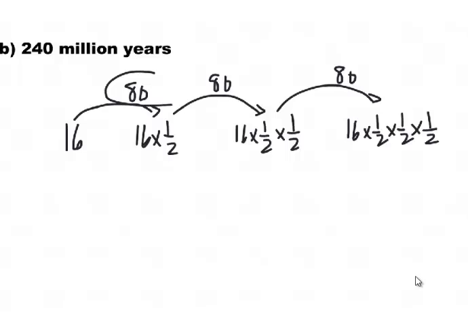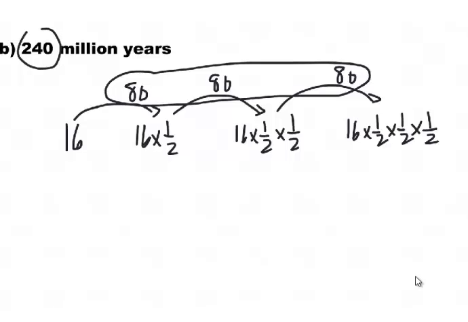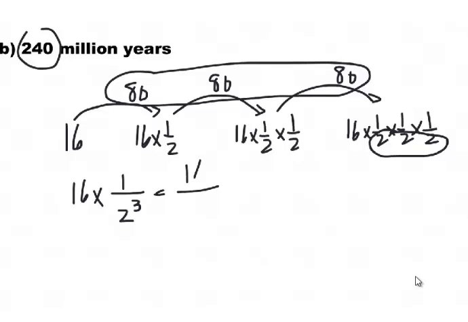And if you add all these 80s, you get 80 plus 80 plus 80 is 240. So the mass which is left is 16 times 1 over 2 exponent 3. Remember, there are 3 twos in the denominator, so it's going to be 2 exponent 3. Now 2 exponent 3 is 8, so it's going to be 16 divided by 8, which is 2 grams. So after 240 million years, only 2 grams of plutonium is going to be left.